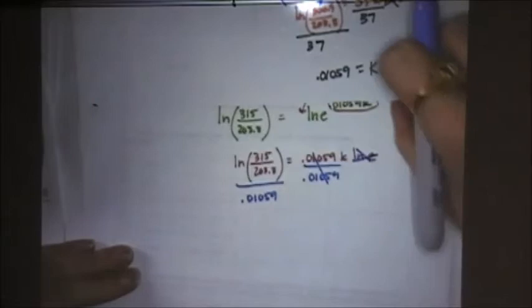Don't forget that natural log of e is going to cancel out. And I can divide by 0.01059. Oh, sorry, this is supposed to have been t all this time. This is t, because I'm looking for time.